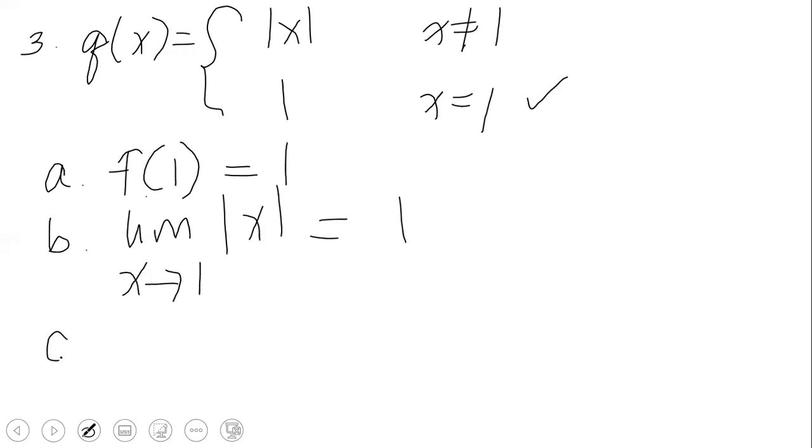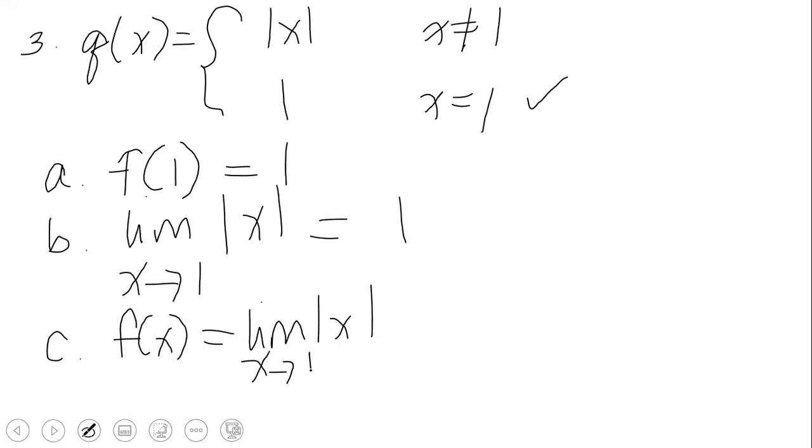And how about letter C? So you have also the value of f of 1 is also equal to the limit of the function absolute value of x as x approaches 1.